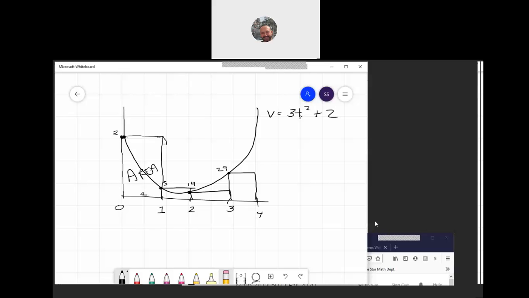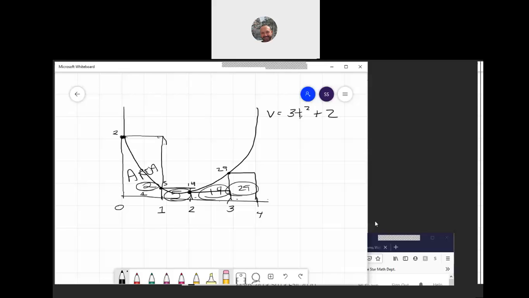All right, so I've got all these heights right here. So all I do is do area of each one of these rectangles. This would be a 2. This would be 5 high, 1 wide. So that's 5. This would be 1 wide, but 14 high. 1 times 14. This is 1 wide and 29 high, and so forth.